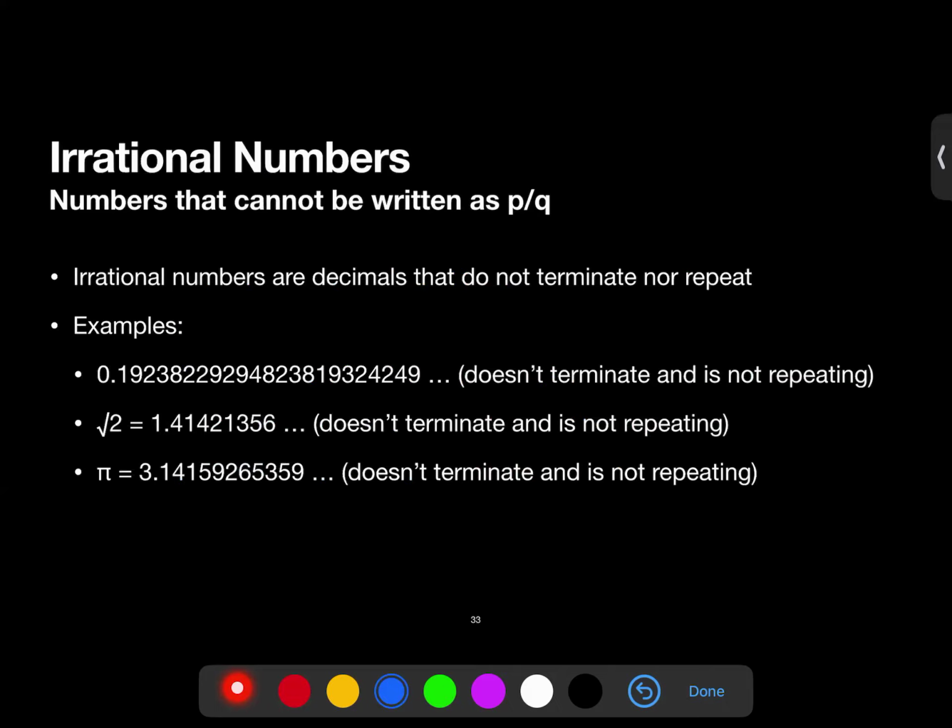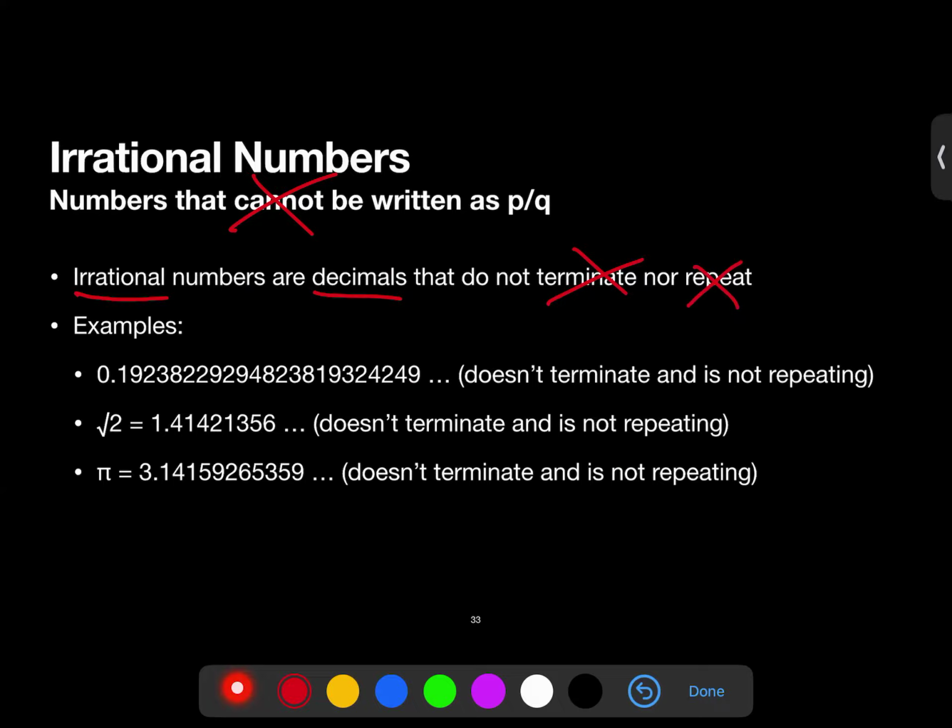So the last category of numbers are irrational numbers. So these are numbers that cannot be written in the P over Q form. So irrational numbers are decimals, specifically, that do not terminate, nor do they repeat.